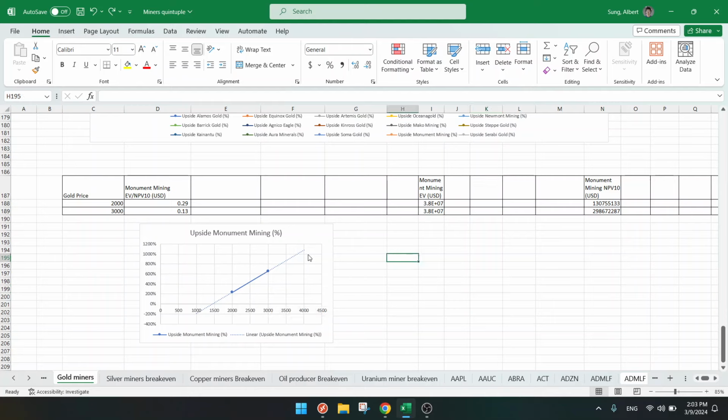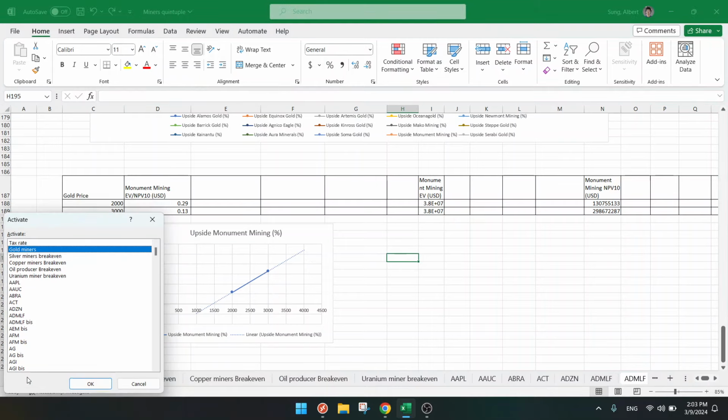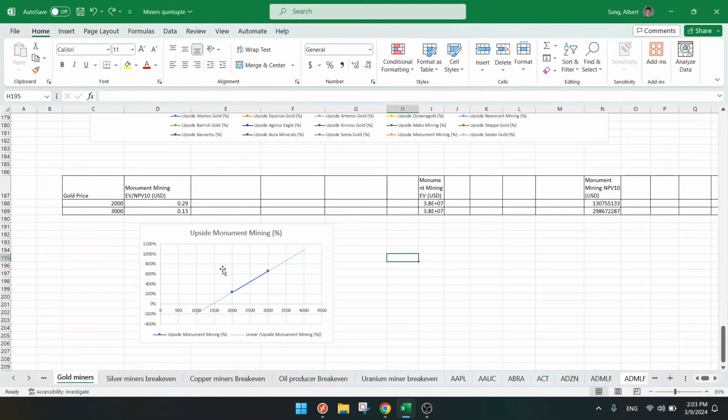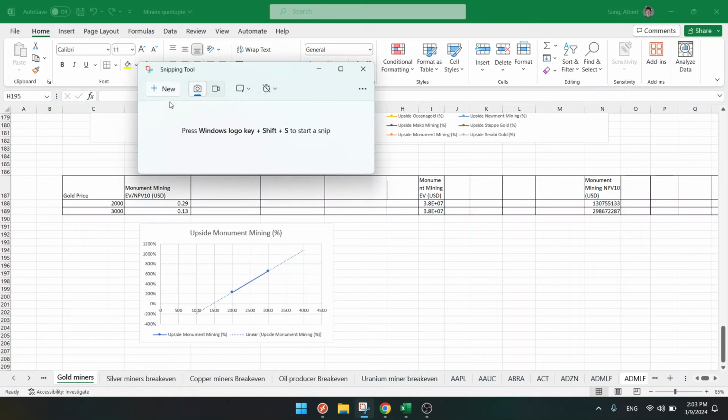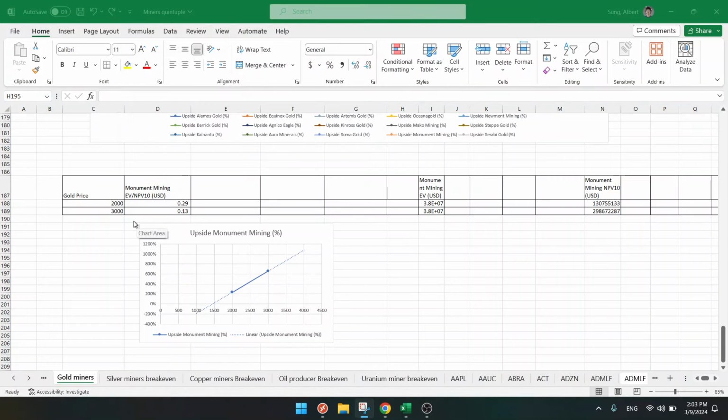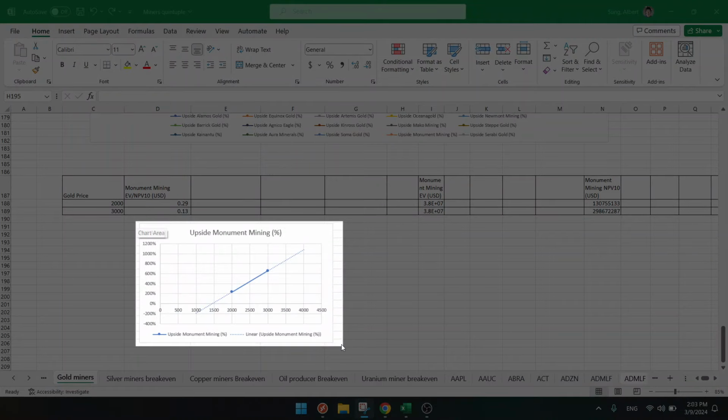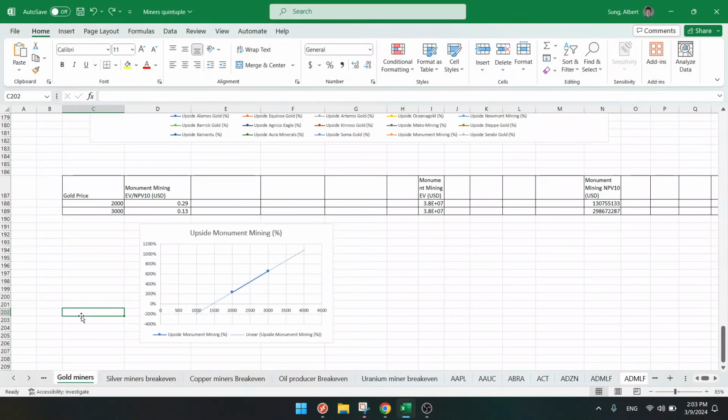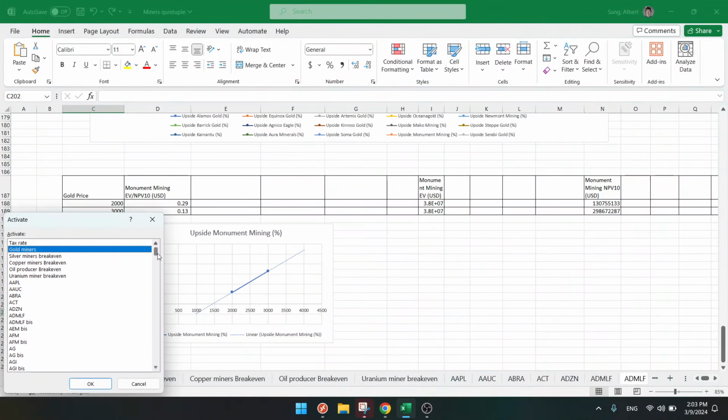Now, let's see what happens when Monument Mining goes up in price.